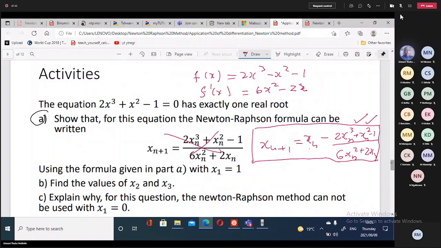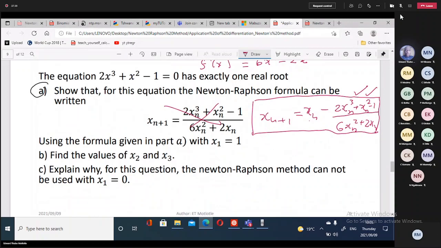Okay. Now they say use the formula given in part A with x1 equals 1 to find the values for x2 and x3. Now you have to determine, you can see our n here. So what is our xn? x1 is 1. So you can write this formula here if n is 1.